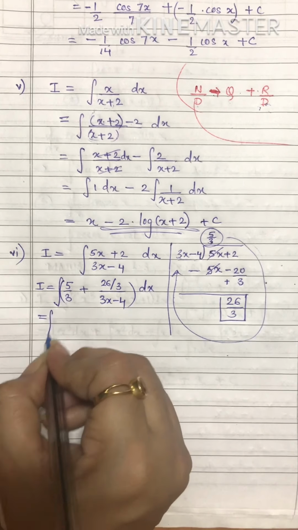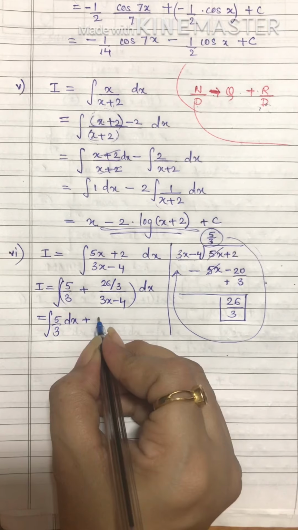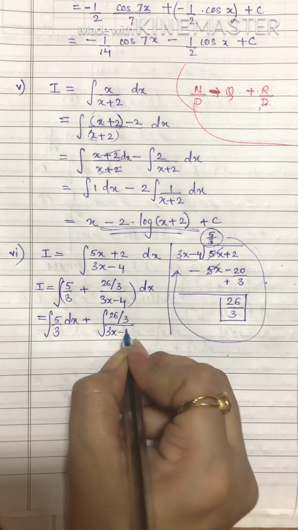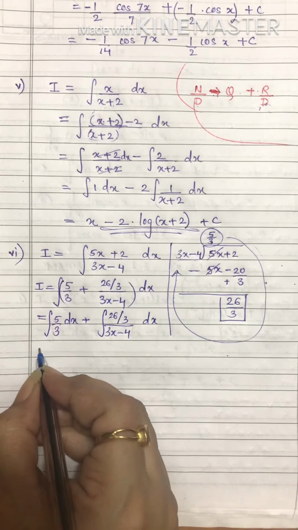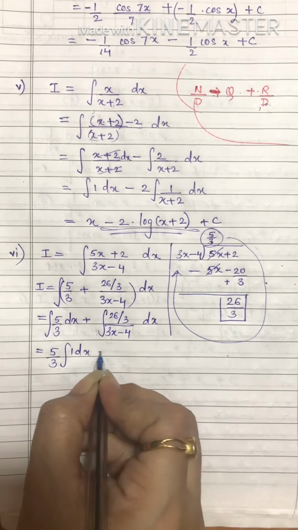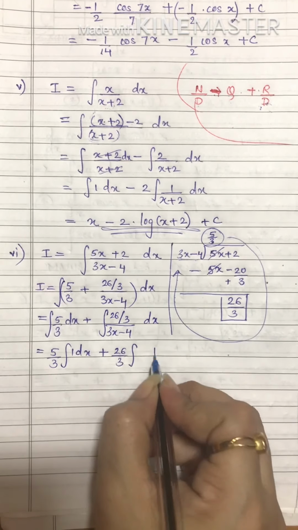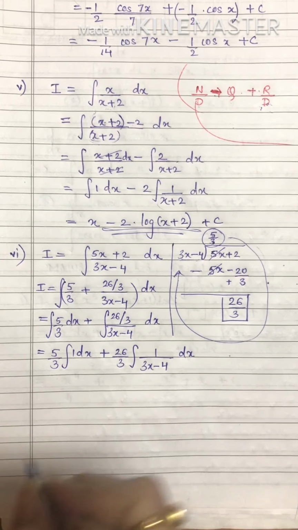Just simple. Now integration 5/3 dx plus integration (26/3)/(3x - 4) dx. What I have done is applied the integration for each term inside. Next we get 5/3 integration 1 dx plus 26/3 integration 1/(3x - 4) dx, right?